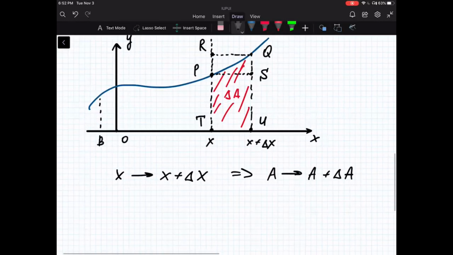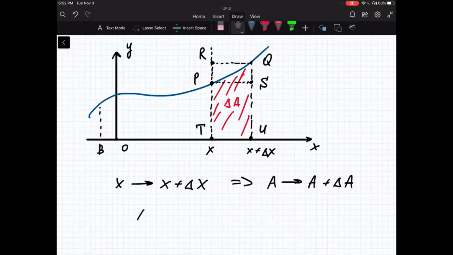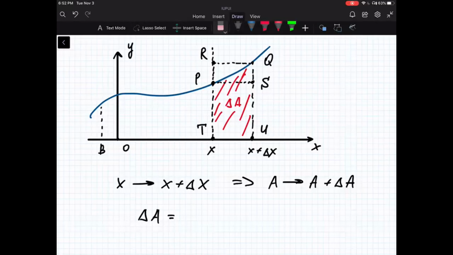And from the picture, we see that our area delta A is the area of PQUT, which is in general not a rectangle. But we can say that it's wedged between two rectangles.